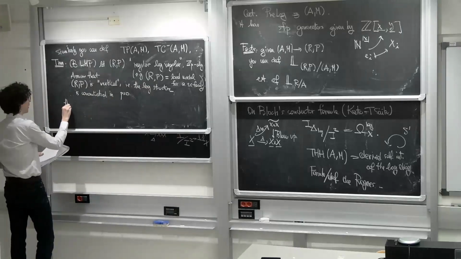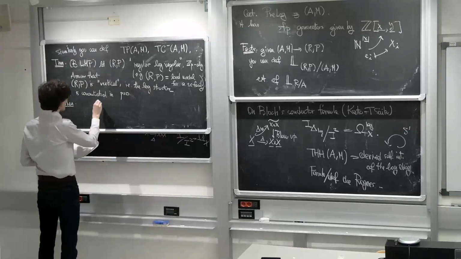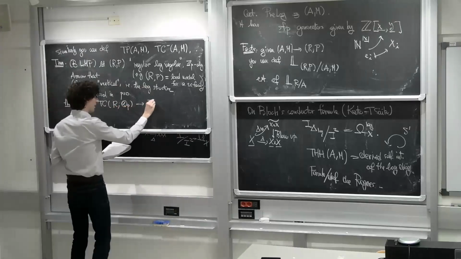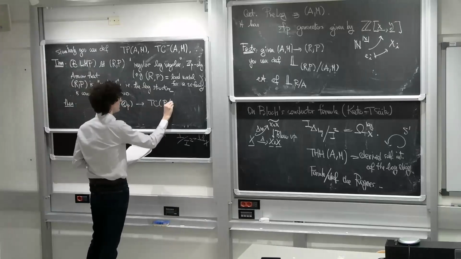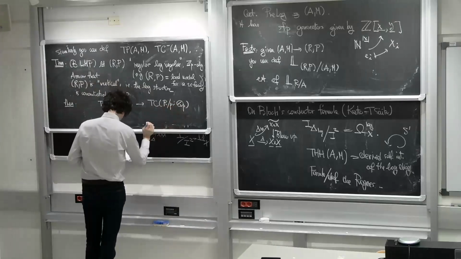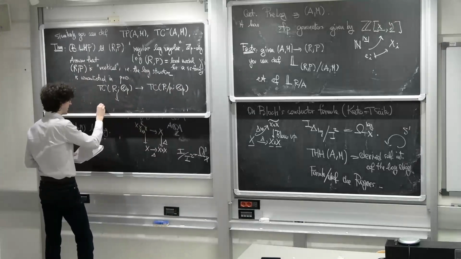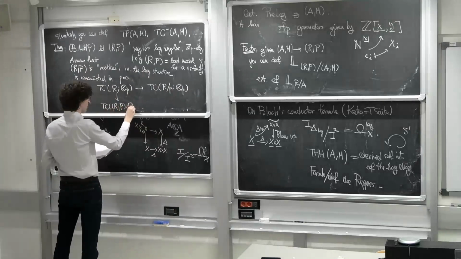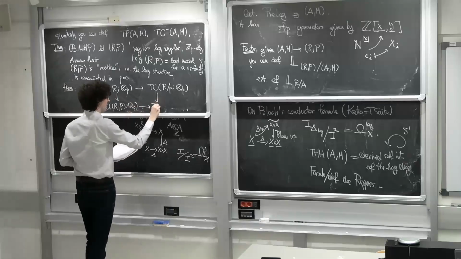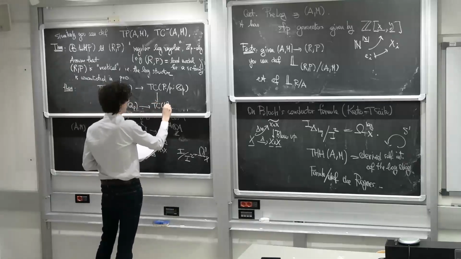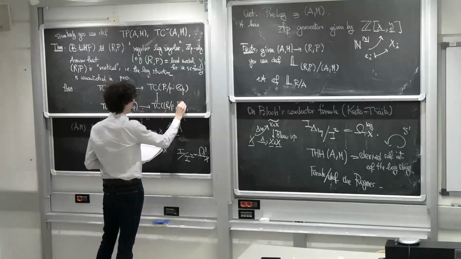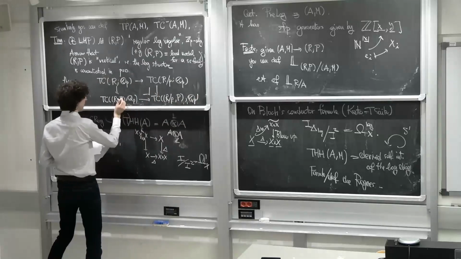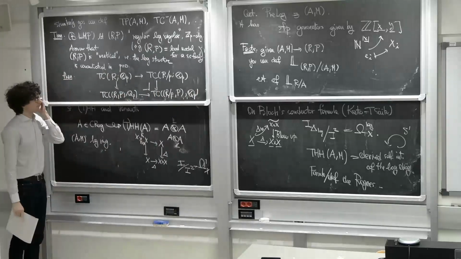Then the following square: HC of R_P, HC of R mod P, is Cartesian.